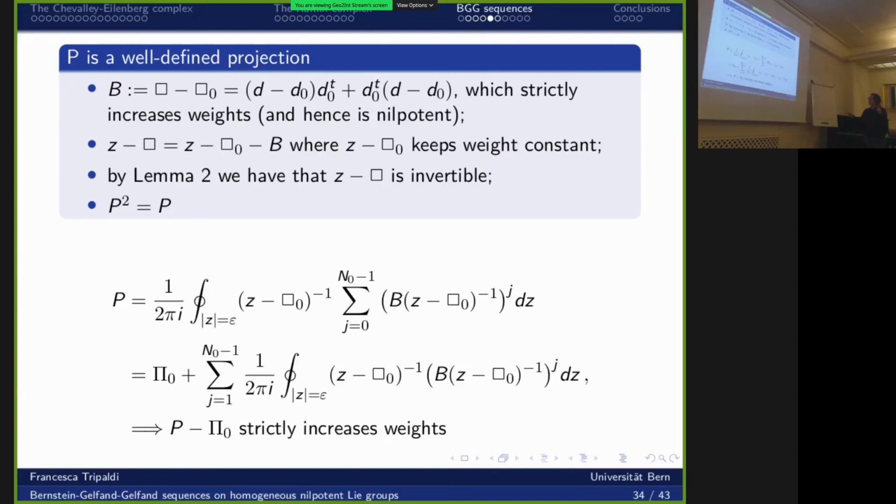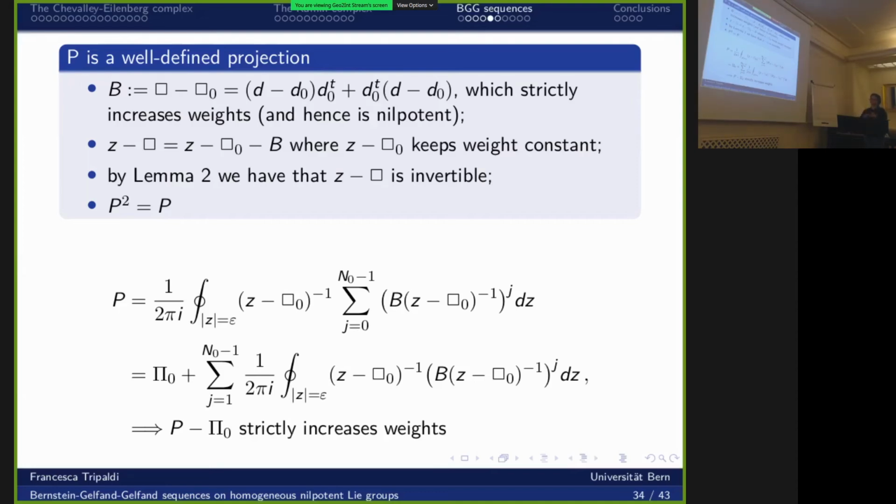This thing keeps the weight constant. So I introduce my A0, my A, and then I know that Z minus box is invertible. So it makes sense, okay? And then you find out that actually it's a projection.